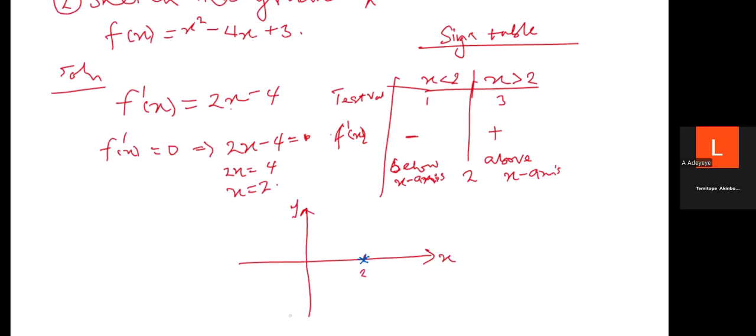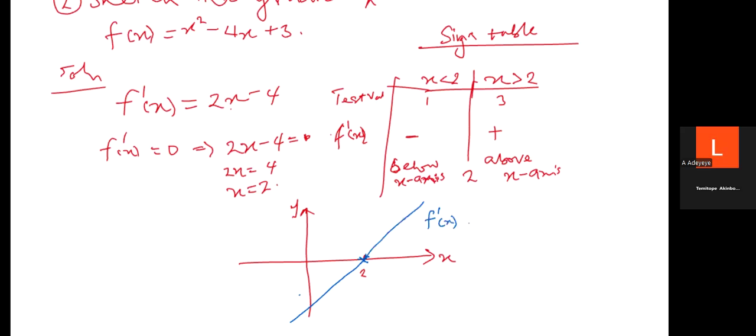Numbers that are less than 2 are to the left, and the line is going to be below, so the line will be here. Hope I'm communicating. Numbers that are greater than 2 are to the right, and it will be above here. This is the graph of f prime of x. So it's a straight line.